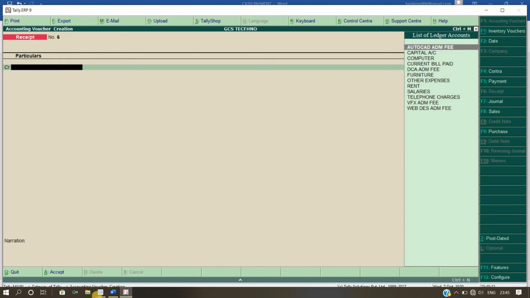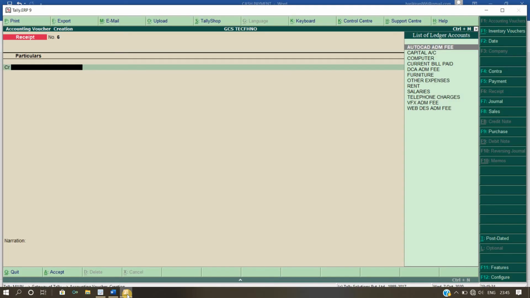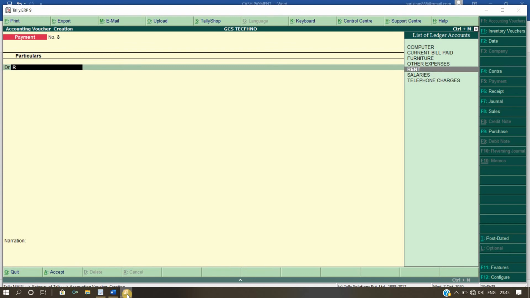Next one is rent paid. Friends, we are paying amount na, so we have to do it in payment voucher F5. Okay. Rent paid of amount 25,000. Right? Press F5 and rent.